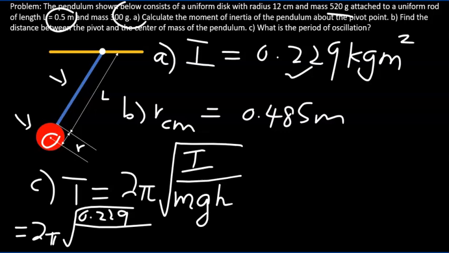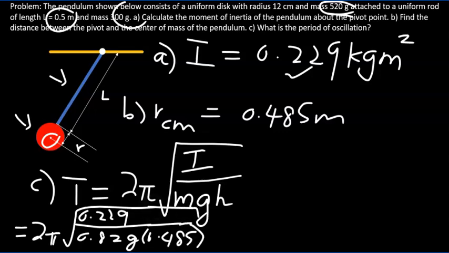So 300 grams plus 520 grams, so that's 820 grams, 0.82 kg, times g. g is 9.81, and h is 0.485 meter. And now you can calculate the period. When you do that, it turns out the period is 1.52 seconds. And that solves the problem.